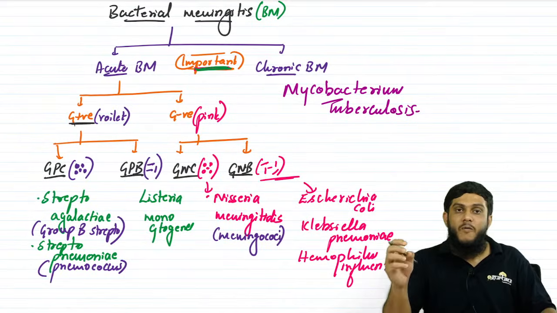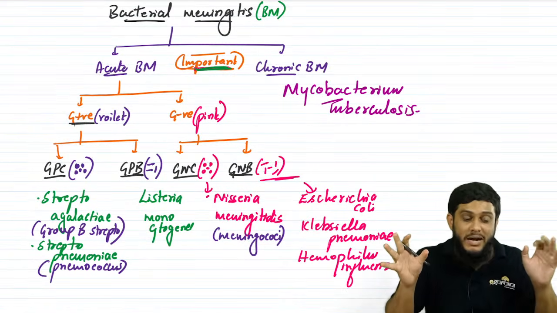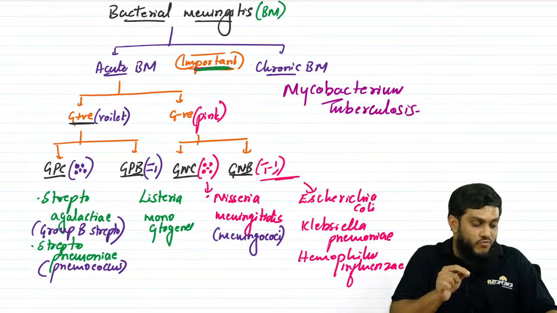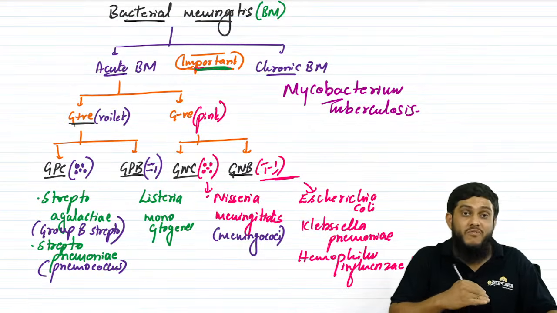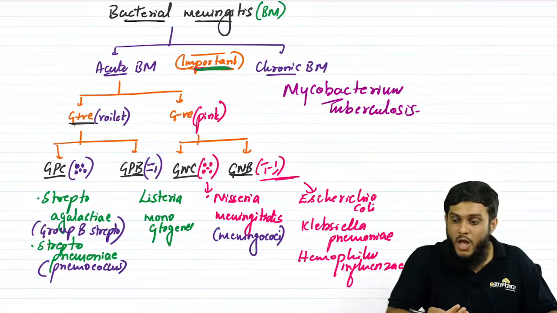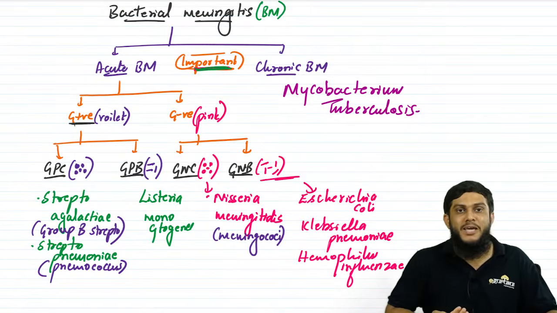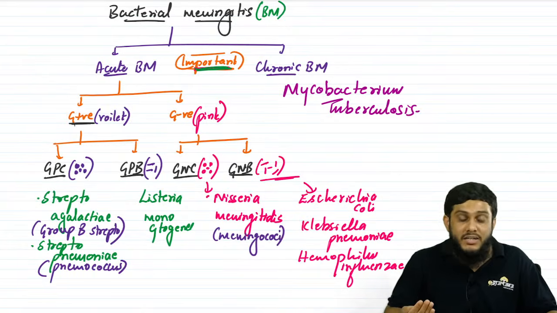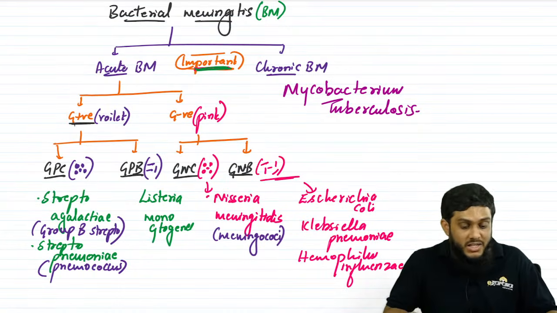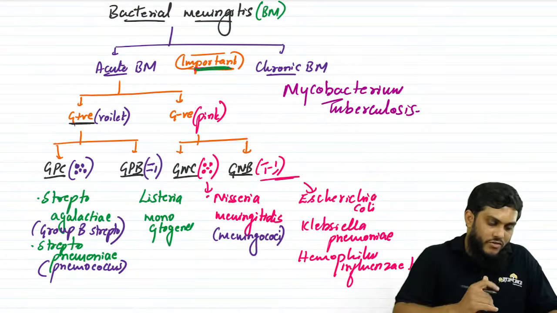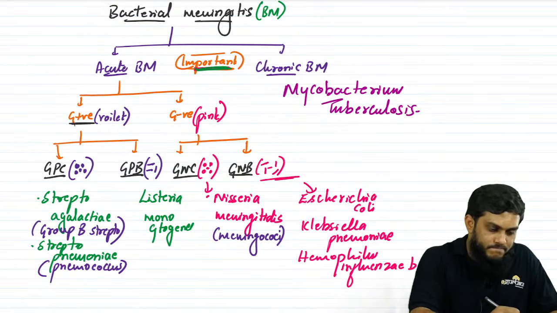There are various bacteria which can cause acute bacterial meningitis; important are these 7. Out of these 7, we know which are gram-positive cocci, which are gram-positive bacilli, which are gram-negative cocci, and which are gram-negative bacilli. Then we also know the one bacteria which can cause chronic bacterial meningitis, that is Mycobacterium tuberculosis. Right? Okay, fine. Now let's start.